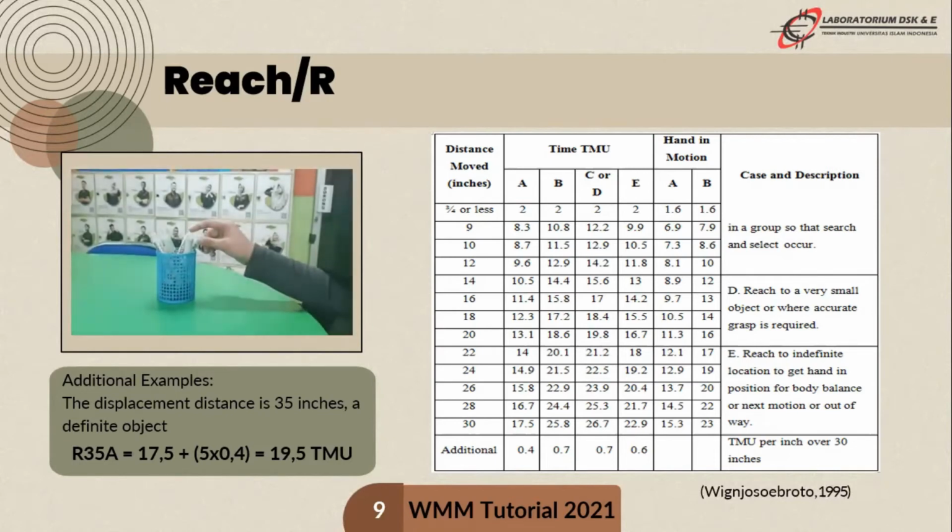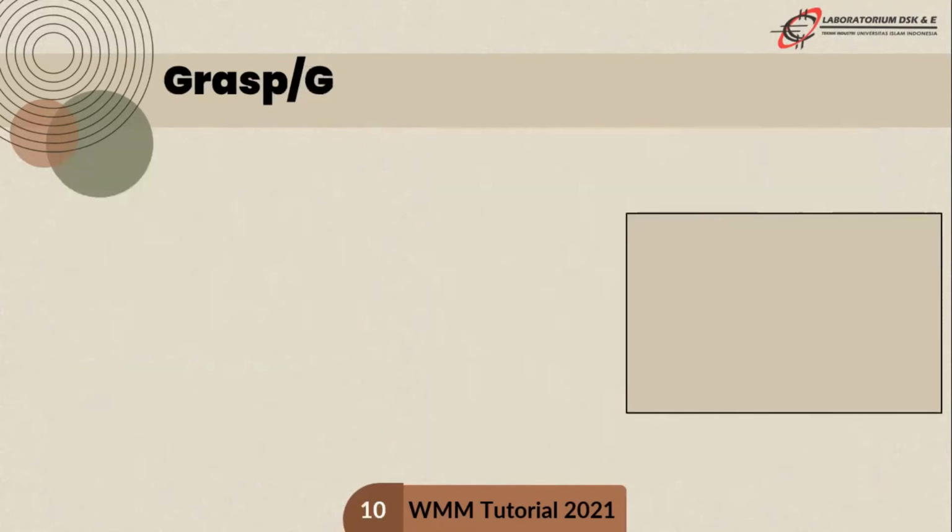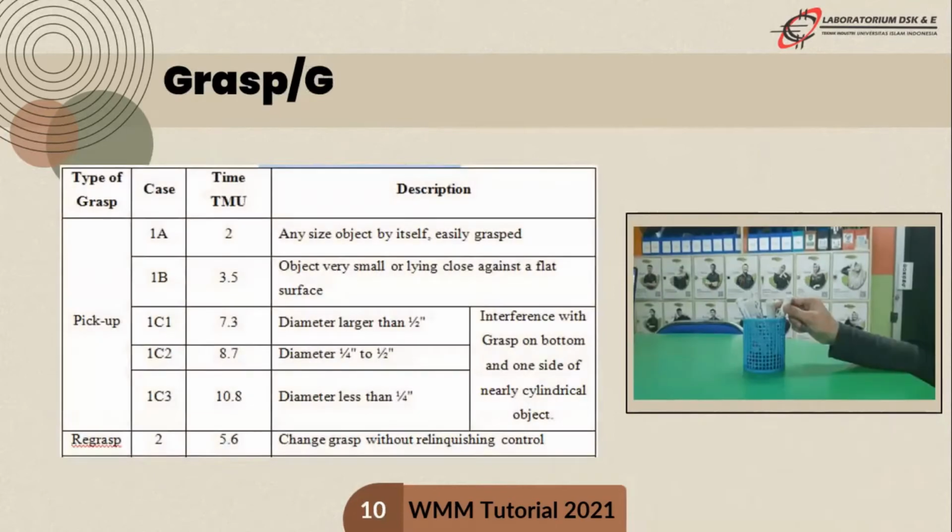Okay, now let's discuss the second activity, grasp. As you can see on the table, there are type of grasp, case, time TMU, and description. For type of grasp, there are pick up, regrasp, transfer, select, and contact.